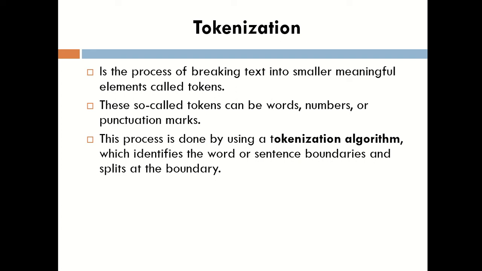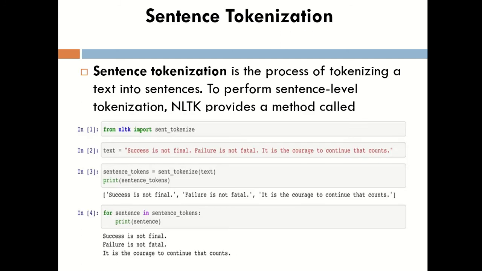This process is done by a tokenization algorithm which identifies the word or sentence boundaries and splits at the boundary. So the tokenization task is of two kinds, that is for sentences and for words.